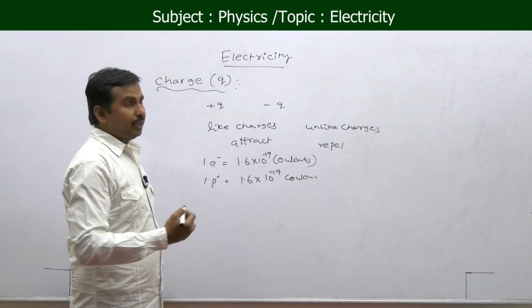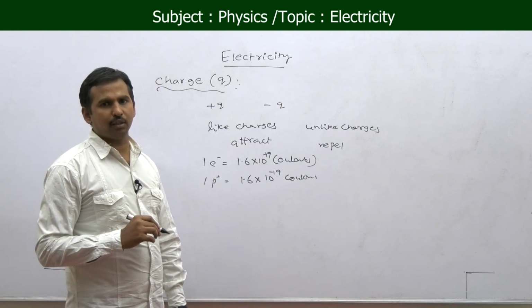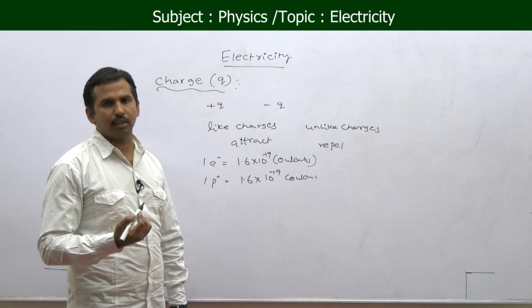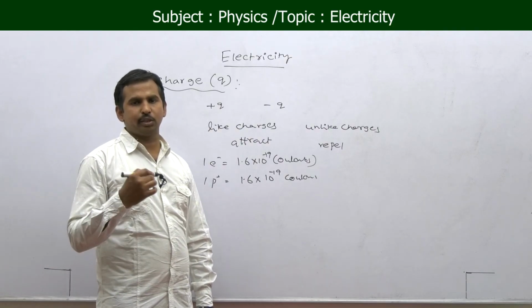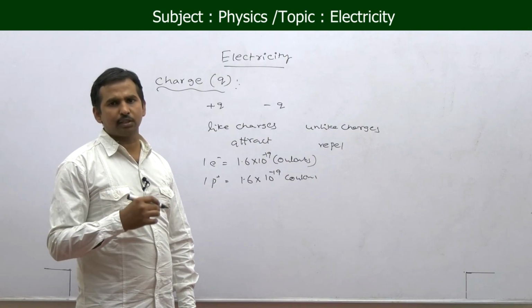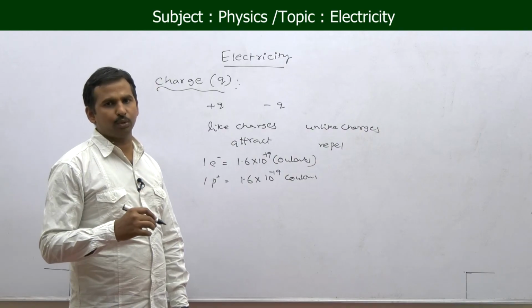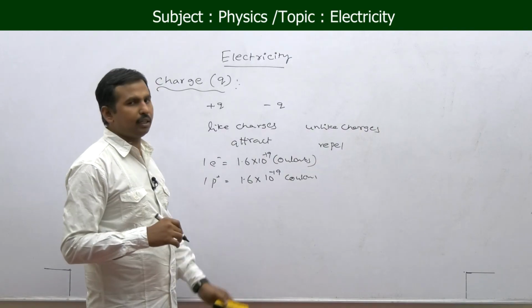Now, if these charges pass through a conductor, conductors are nothing but materials which allow the charges to flow through them. The materials which allow charges to pass through them are called electric conductors.